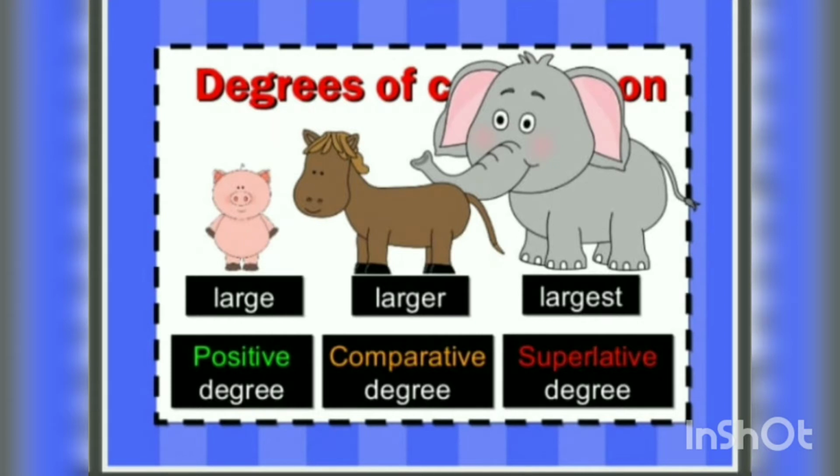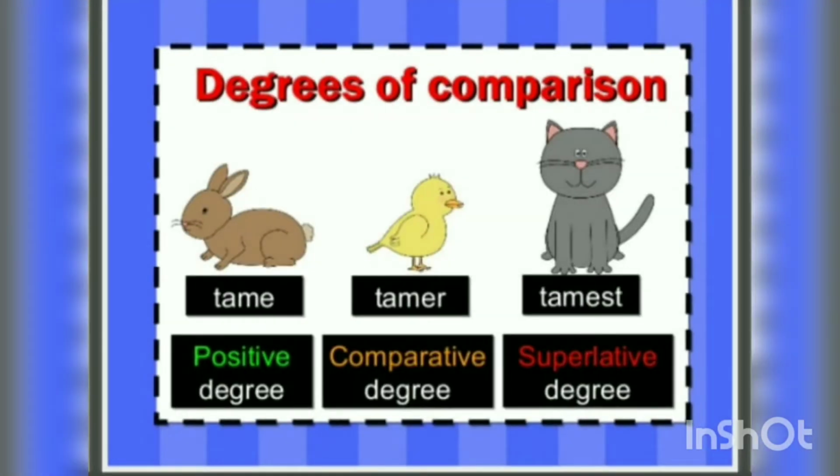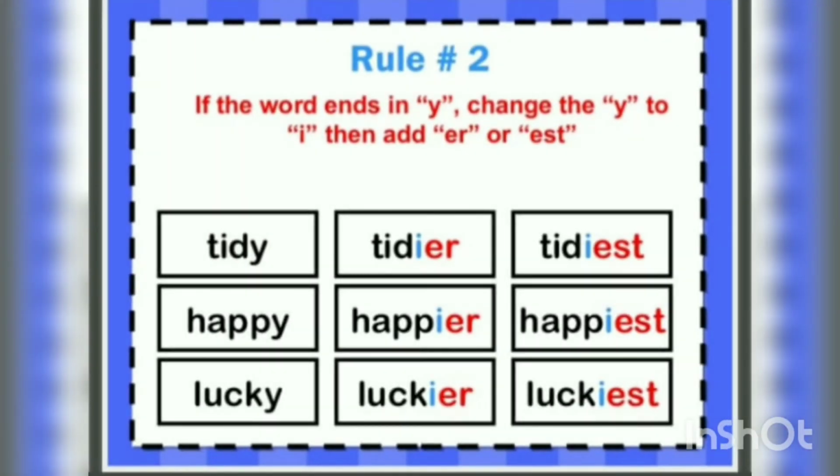Large, larger, largest. Large is positive degree, larger is comparative degree, and largest is superlative degree. Tame, tamer, tamest.